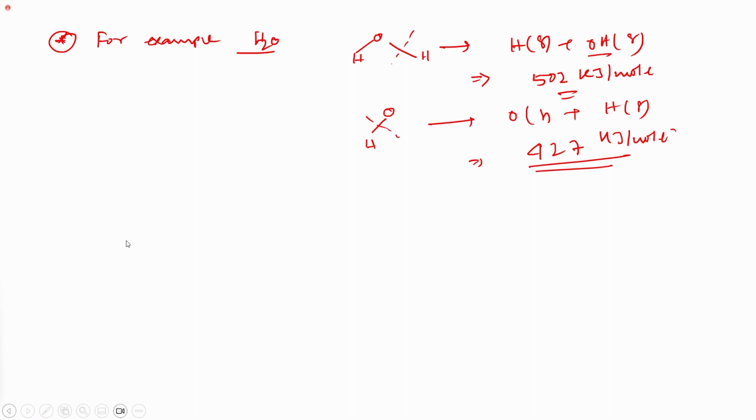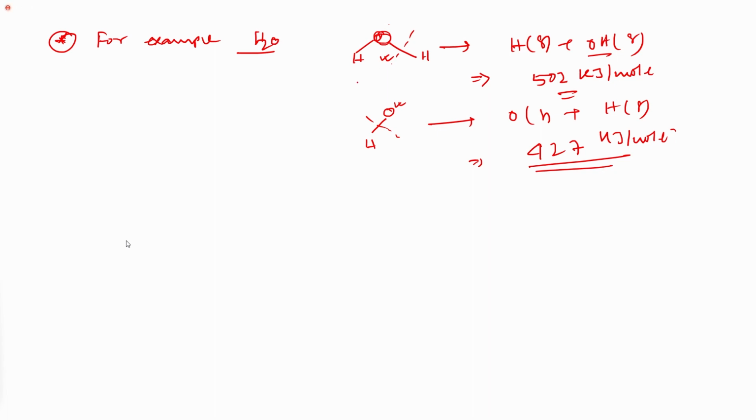Now the question is why. If you see the water molecule, the electron density on this oxygen and that oxygen, these two will have different electronic environments. Due to the presence of different electronic environments, the bond strength of each bond will be different. That's why two different values of energy are needed to break the two different OH bonds.